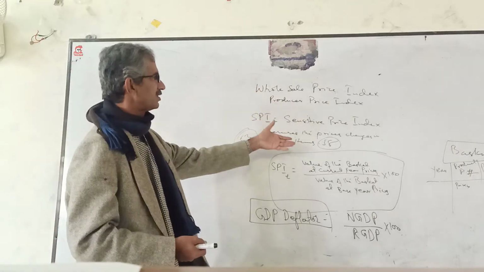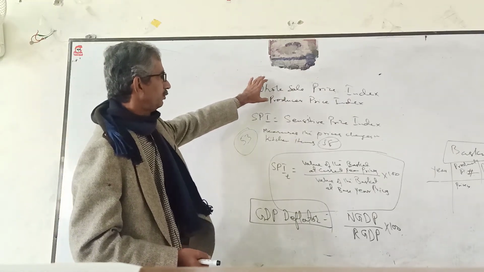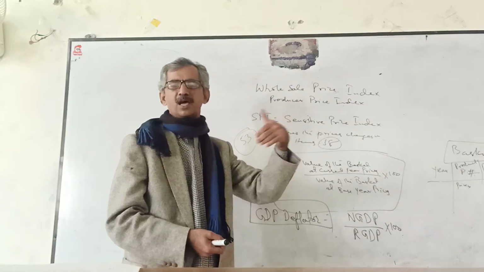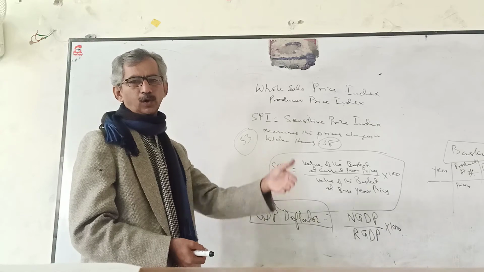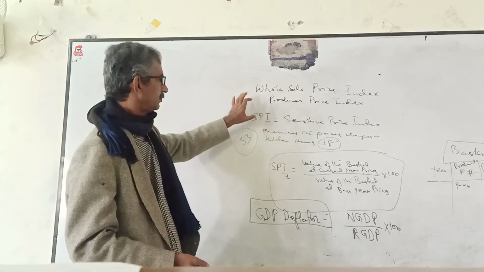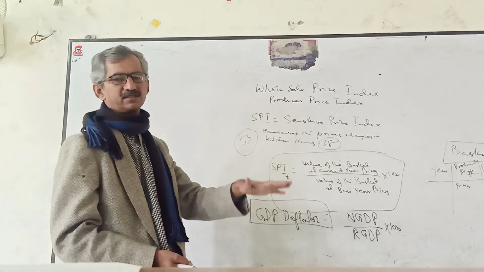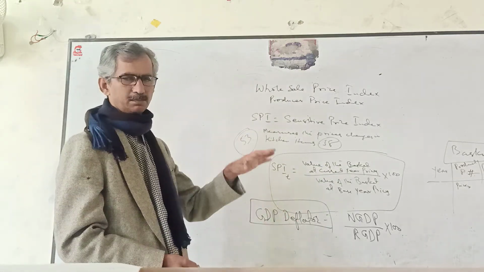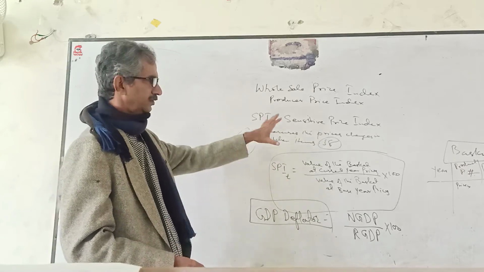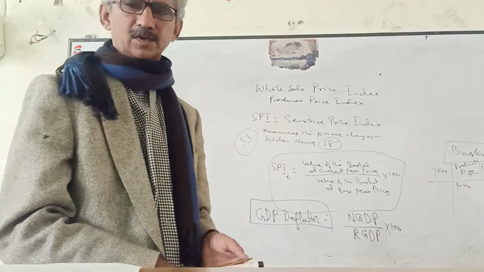Wholesale price index inflation rate means we are talking about the prices of wholesale items, these items which are sold by the wholesalers. Sensitive price index means the prices of the very necessary or sensitive items. And GDP deflator means the prices of all the items. So these are the different inflation rates.